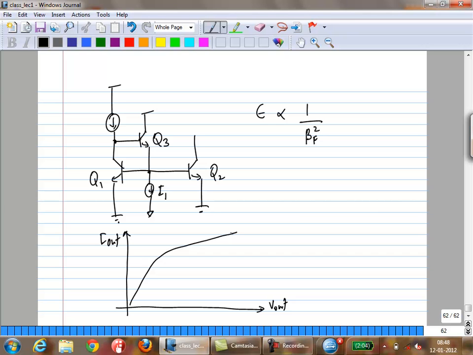Now again, if you draw the I out versus V out characteristic, the balance point will be different now, because the balance point is when the two collector emitter VCEs are equal. In this case, this thing is actually VBE1 plus VBE3. So the balance point is different from the previous case.